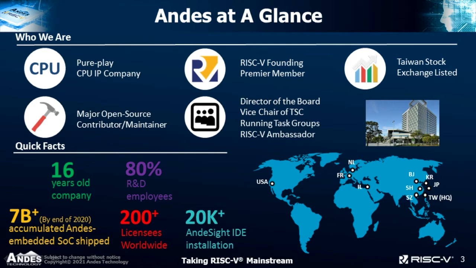We are also a major contributor and maintainer to the open source ecosystem. With many years of experience in the CPU industry and a very strong R&D team, Andes has over 200 licensees and about 20K installations of our AndeSight IDE and over 7 billion total shipments of Andes embedded SoC.